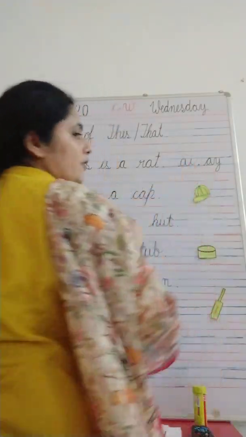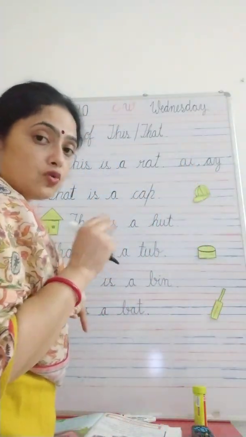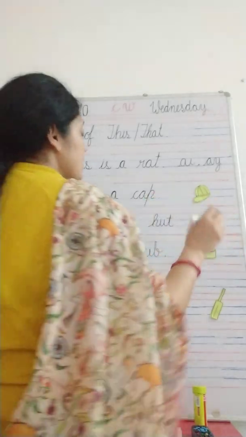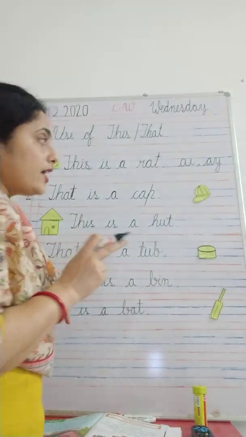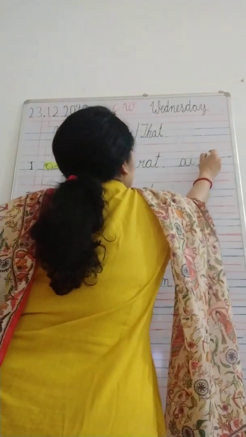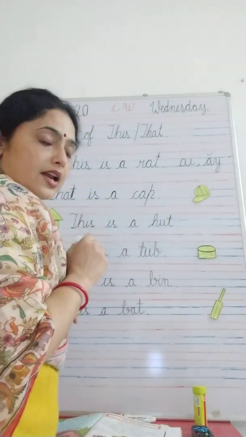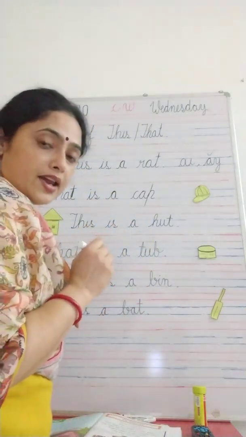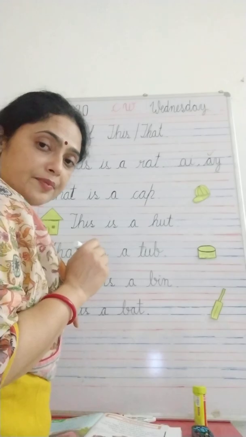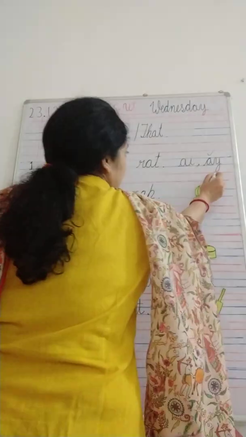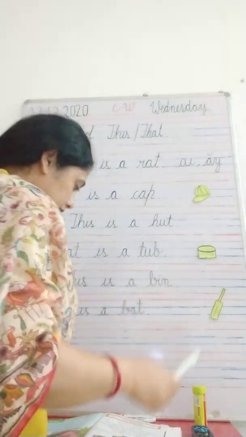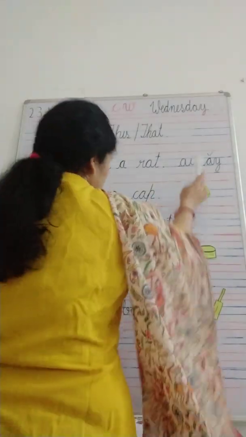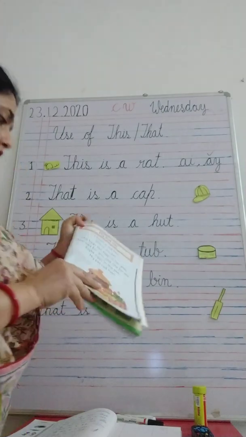Y is not a vowel, Y is a consonant, and we say it when two vowels are working. But here Y is acting as a vowel. That's why A is giving us a long sound. Like day, bay, lay. So because Y is acting here as a vowel, A is giving us a long sound. Okay?